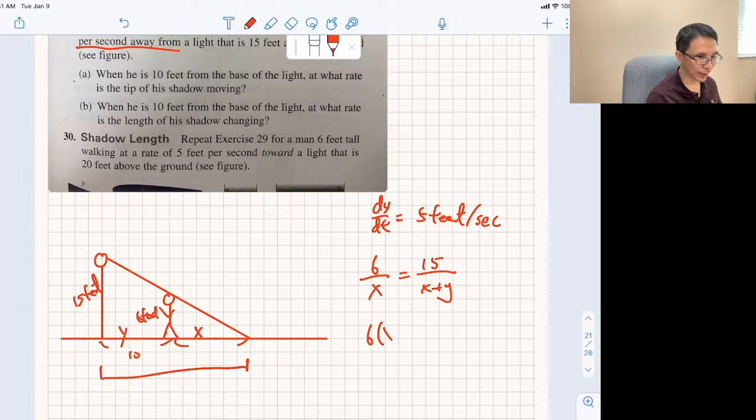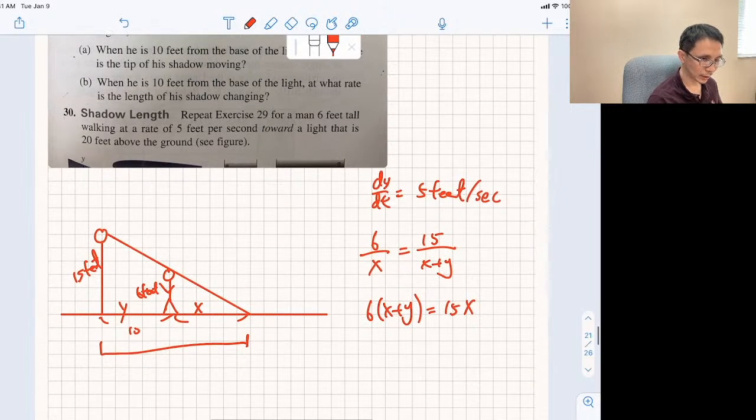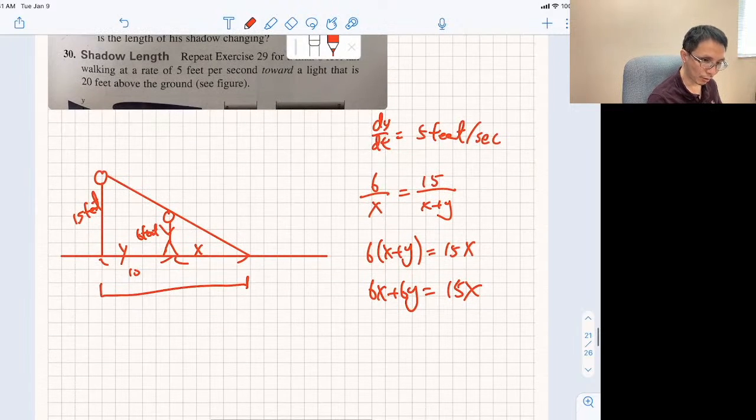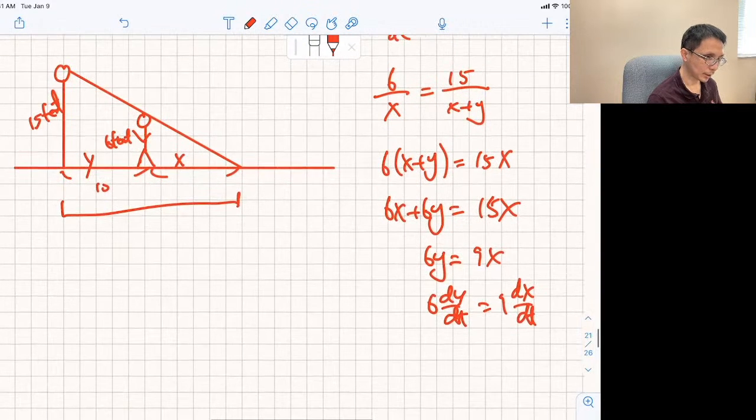So you're gonna multiply this, right? And then that's gonna be 6x plus 6y is equal to 15x. Okay, so 6y is equal to 9x. 6 dy dt equal to 9 dx dt. We just take the derivative with respect to time.